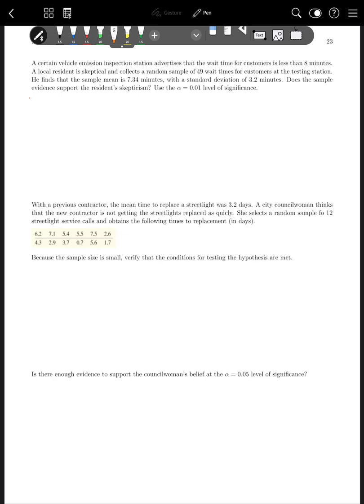Okay, so we could say that H naught is mu equals 8 minutes and H1 is mu is less than 8 minutes. And so then we're going to do a t-test. We put in mu, which is 8, our x bar, which is 7.34, our s, which is 3.2, and our sample size, which is 49.